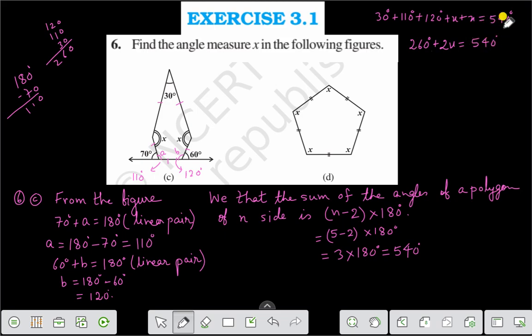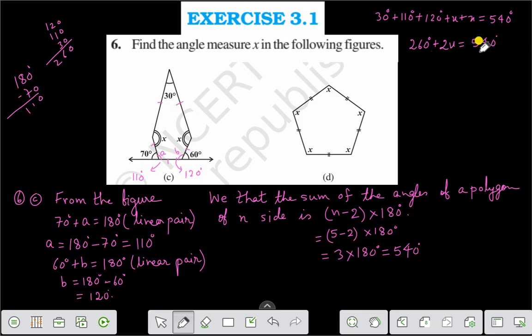That means 260 degree plus 2x is equal to 540 degree, right?